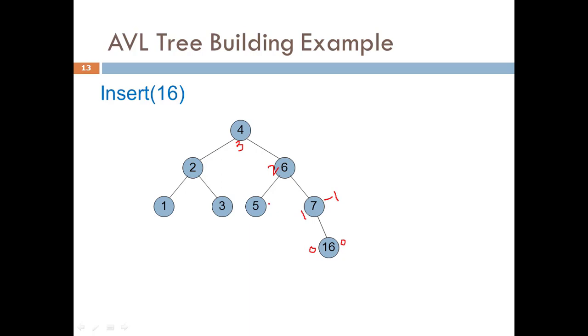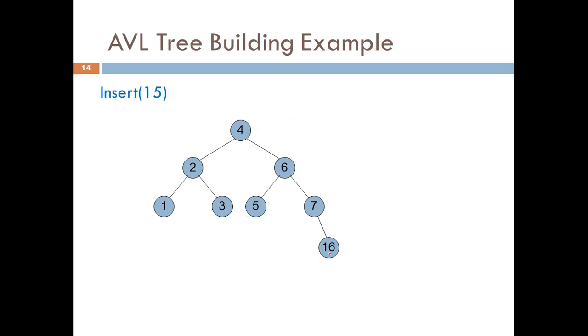This will have a balance factor of height of left subtree, which is 0, minus height of right subtree, which is 1. So 0 minus 1 is -1. How about this? Its height is 0, 1, height of left subtree, which is 1, minus height of right subtree, which is 2. So it is -2. Sorry, -1. 1 minus 2 is equal to -1. So there is no need to perform any rotation after the value 16 has been inserted.